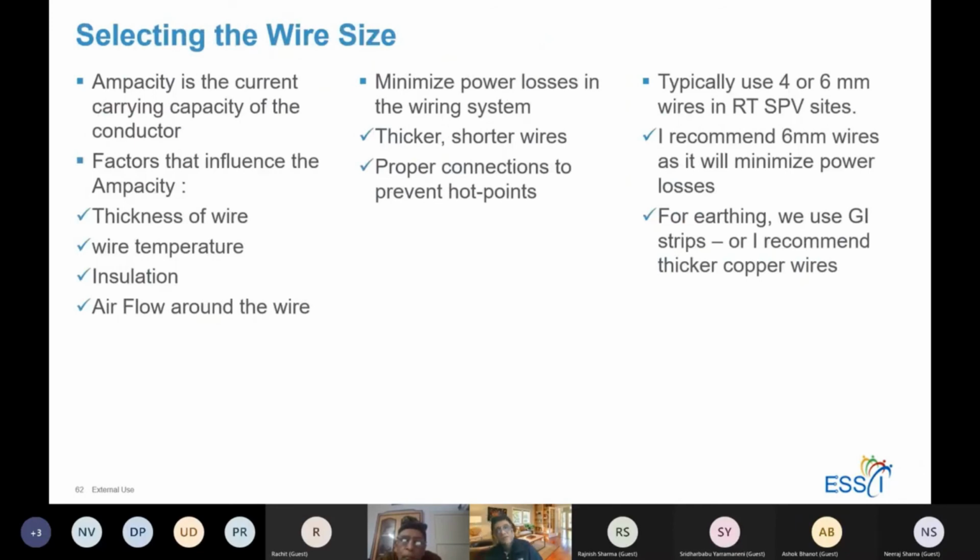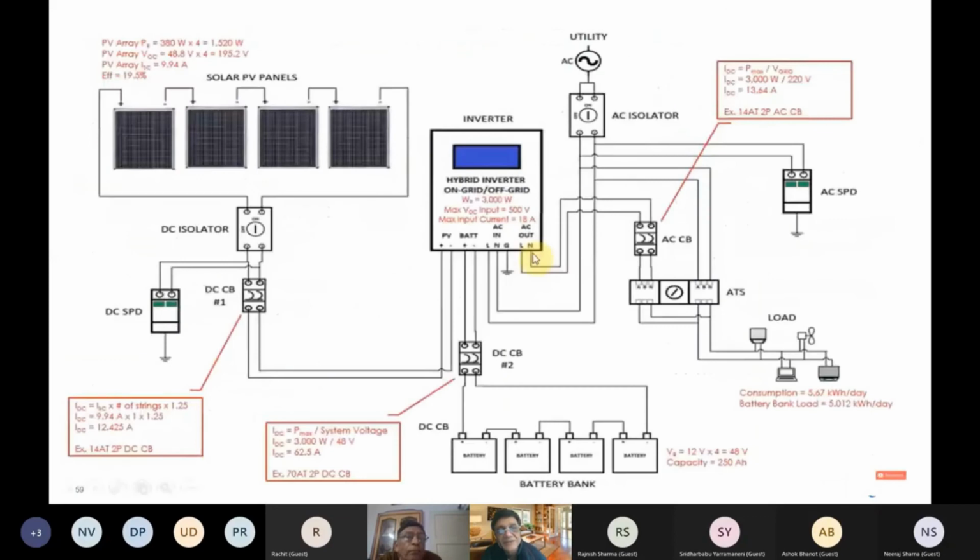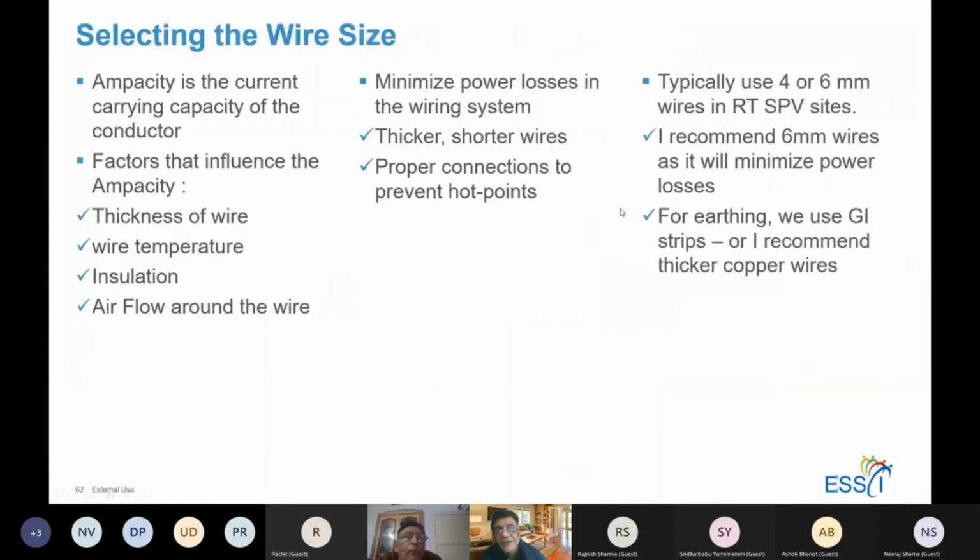Then of course, what is the size of wires? We did not cover the wires in the circuits that we were designing. All the wires that are there, how do you select these? Well, first of all, the current carrying capacity of the conductor is called the ampacity, and it is influenced by the thickness of the wire, temperature, the insulation for that particular wire, and the airflow around the wire.